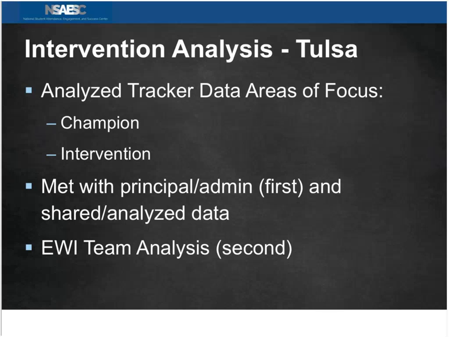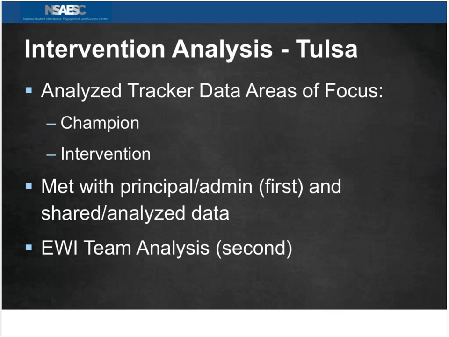So for this particular example, we're going to look at who the champions were and the interventions. And the way that Tulsa decided to do this was they met with the principal and the administration first and shared the data that was analyzed, talked about the impact of the interventions, talked about the usage of champions.